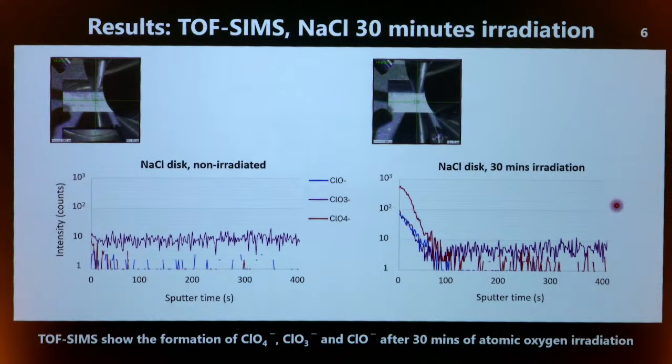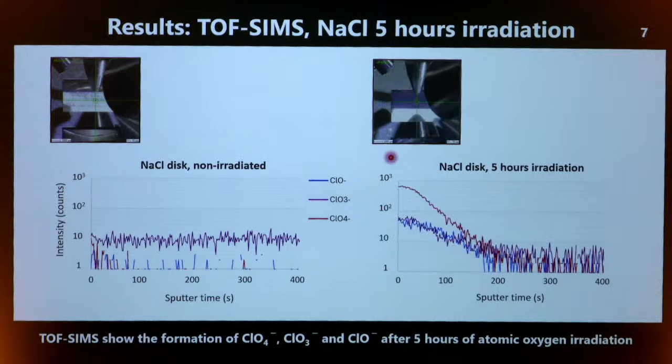After 30 minutes, we can see the formation of perchlorates, chlorate, and hypochlorite between 0 and around 80 seconds of sputter time. And after 5 hours, we can see that the thickness of the oxidized layer increased.